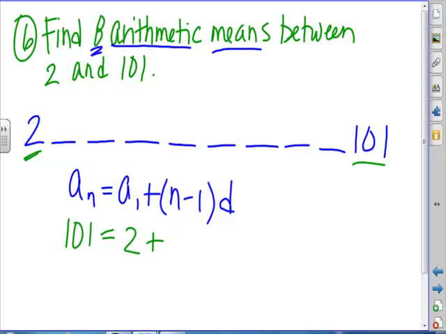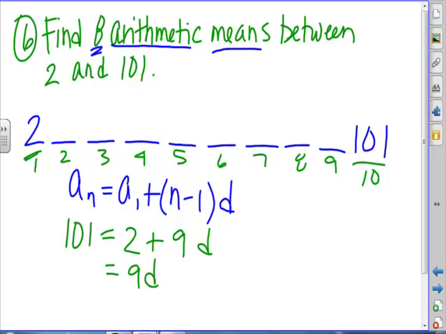Now, if I just know what position that's in, so this is the first, second, third, fourth, fifth, sixth, seventh, eighth, ninth, 10th position, I know it took me 9 steps to get there, and I can write myself a little equation. So now solving this, I get 9d is equal to 101 minus 2, which is 99, and I can quickly figure out my common difference is 11, which then allows me to fill in all my blanks.